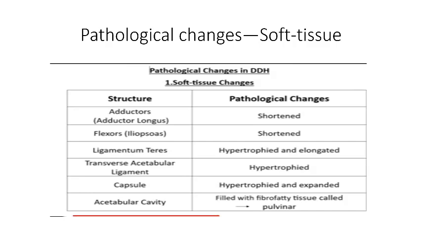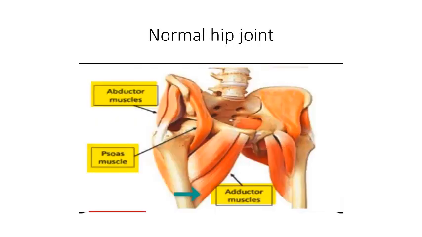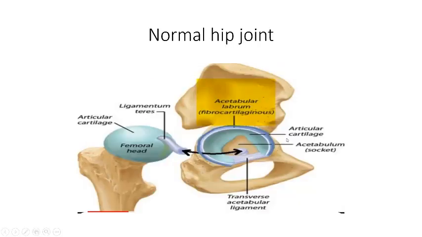The cartilage. One is that the labrum is converted into limbus. The periphery of the acetabular cavity is thickened. Now, this labrum is called limbus.